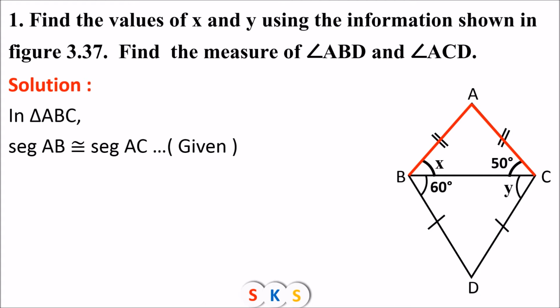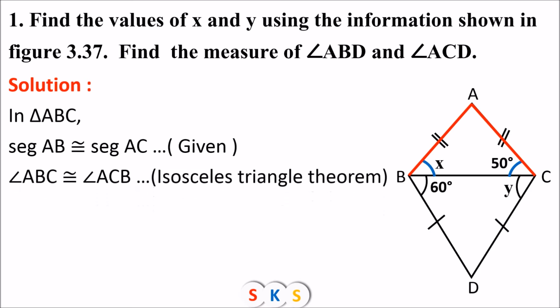So let's see what the angles opposite to side AB and side AC are. Can you see? Angle ABC and angle ACB will be congruent, according to the isosceles triangle theorem. Why are these two angles equal? Because they are angles opposite to equal sides.